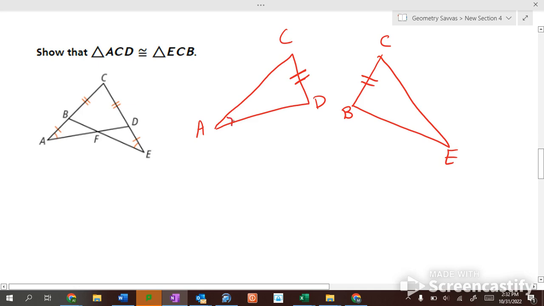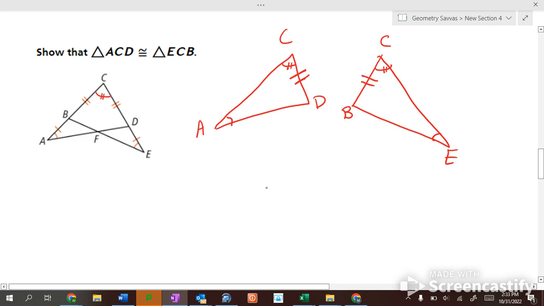I know that angle A has 1 mark and angle E has 1 mark. What can I say about angle C in each of them? What can I say about angle C and angle C? They're congruent. Why? They are reflexive. They are overlapping. They are the same thing. When they have overlapping parts in the same thing, they're congruent to each other.